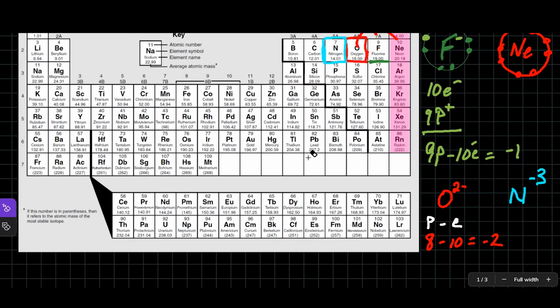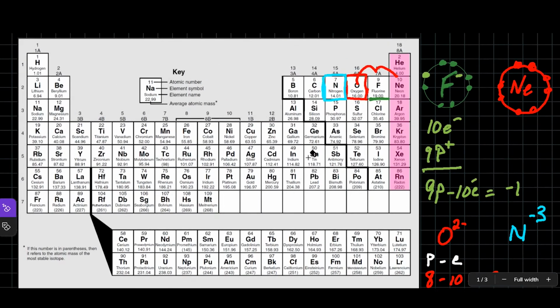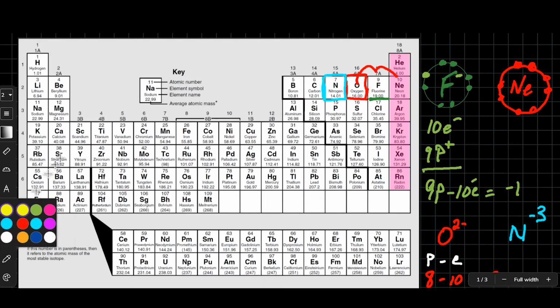Okay. So now, by that idea, what happens if we were looking at calcium right here? Calcium is atomic number 20. By atomic number, what is the closest noble gas?